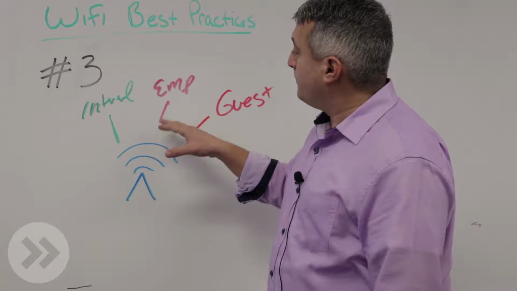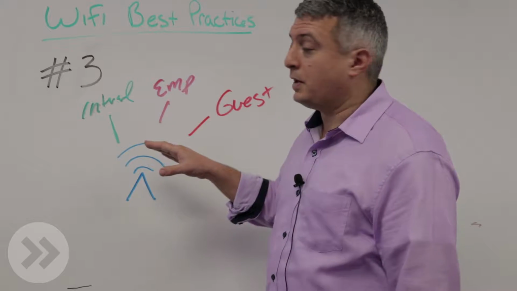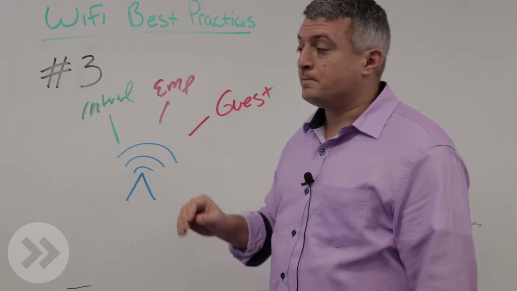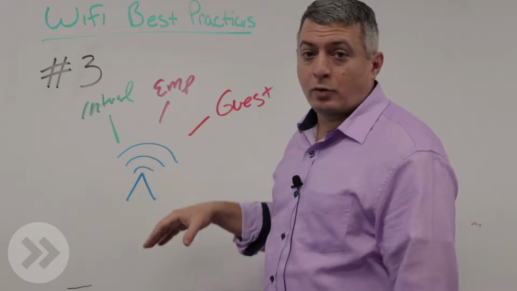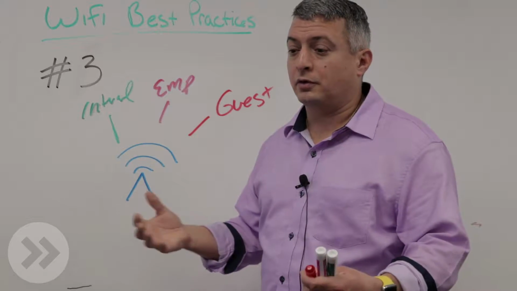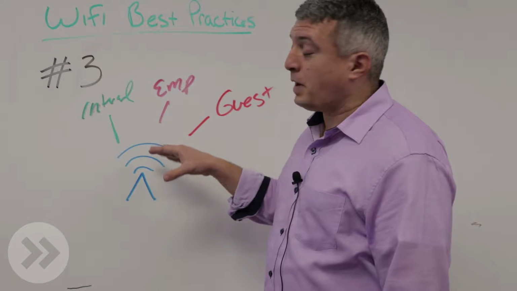The employee one, this is a passphrase that maybe needs access to the internal information, but say we terminate an employee and they know what the passphrase is. You don't want them getting on with another computer or anything. You don't want them to have access to anything. So you change this passphrase.